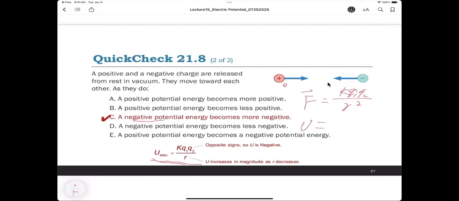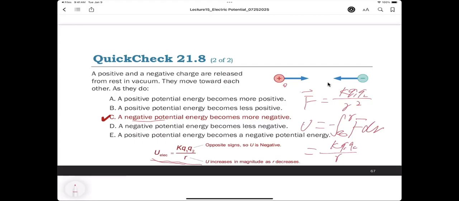So the electric potential energy equals the integral of the force from infinity to r, and this equation will equal k q1 q2 over r.